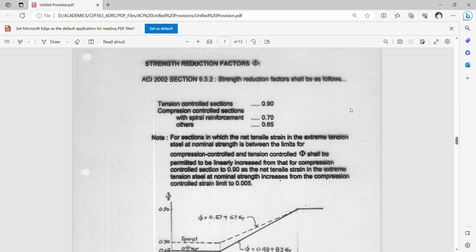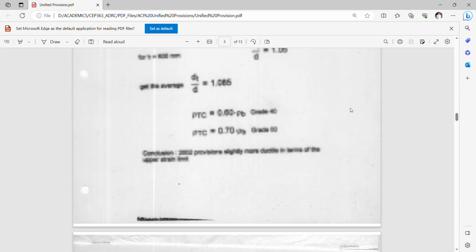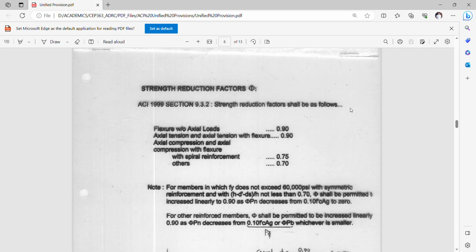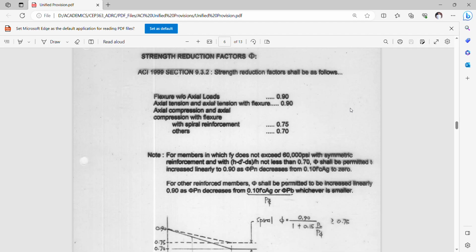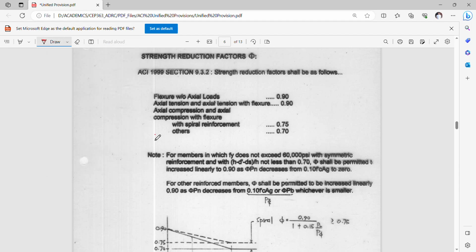Okay. So for ACI 1999, the strength reduction factors are as follows. For flexure without axial loads, we are very familiar with this value, which is 0.90.